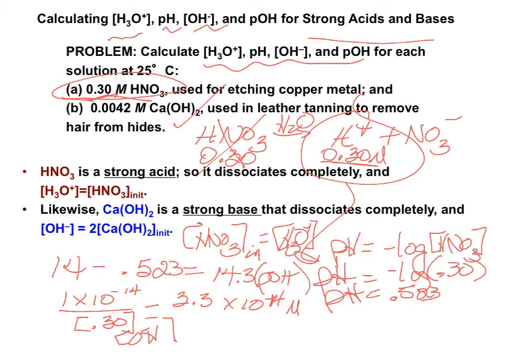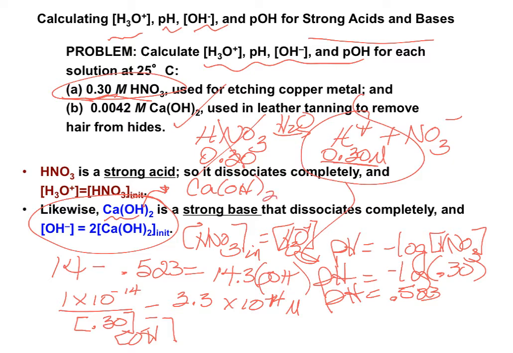And that is the concentration of hydroxide. All right, so I'm not going to go through calcium hydroxide and finding all the values for that because I want to spend the bulk of this on how we deal with weak acids and weak bases. I will remind you at this point, most sources consider calcium hydroxide a strong base. Some of them can categorize it as a weak base, but right here we're going to treat it as a strong base.